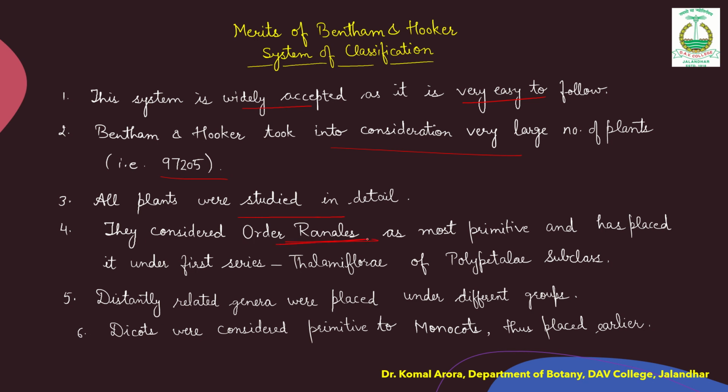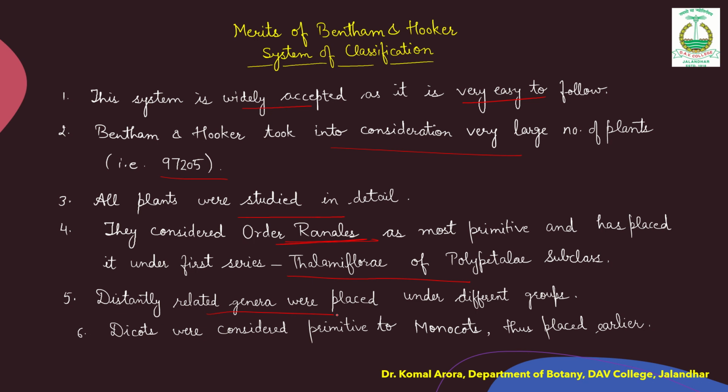The Ranunculaceae, which I mentioned, is the most primitive family that has been placed under the first series of Polypetalae. So technically, the primitive family has been kept first, and then the advanced families have followed. So this is the correct order that should be followed as far as the evolutionary relationship is concerned.